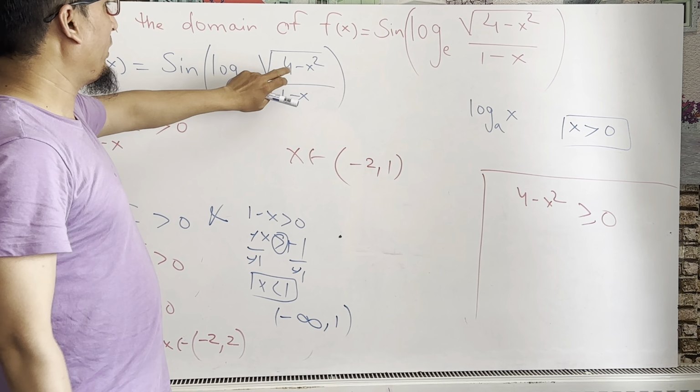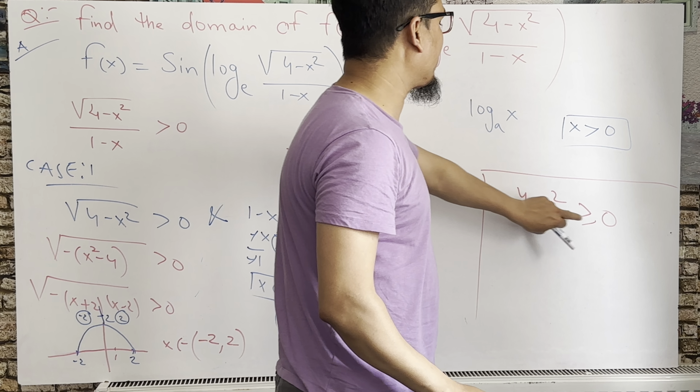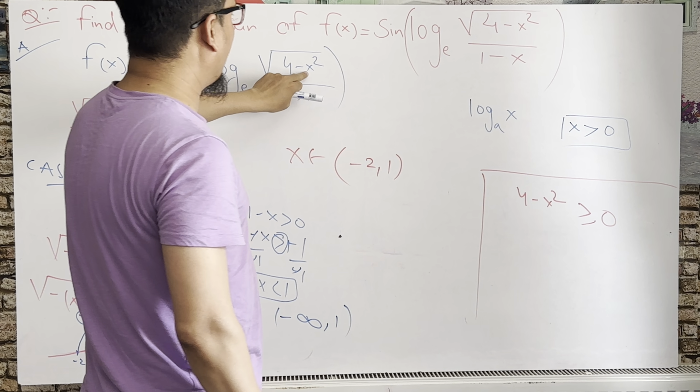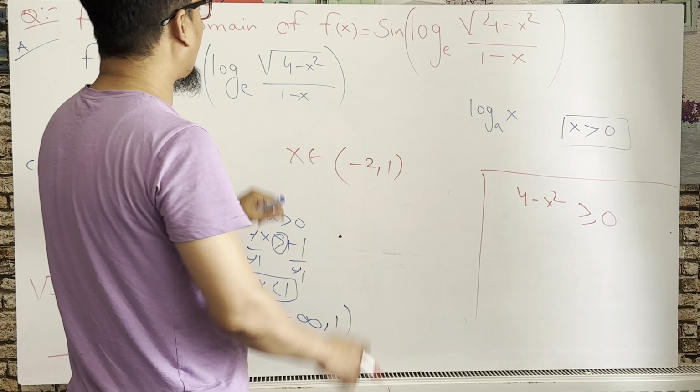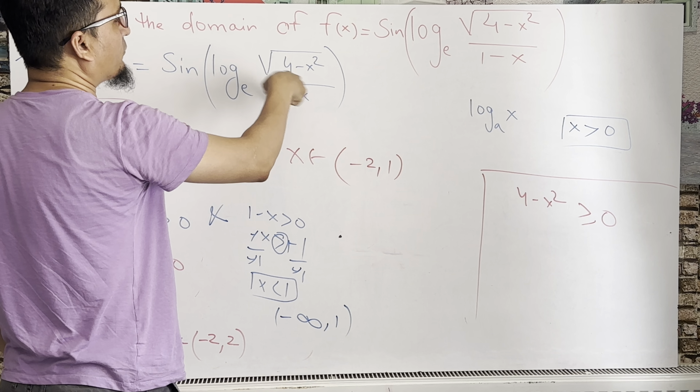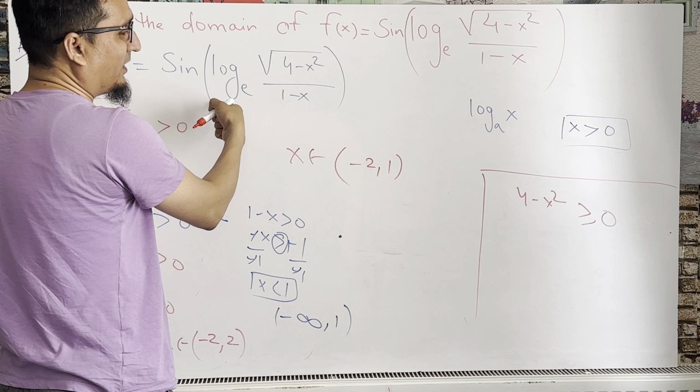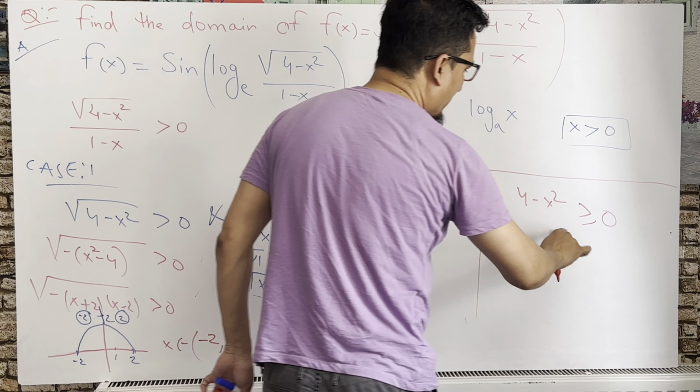I'm sure that I cannot take this value because we need log, but I'm going to tell you just 4 minus x square. If this value is 0, the whole function does not exist. So I'm going to give you one basic idea.